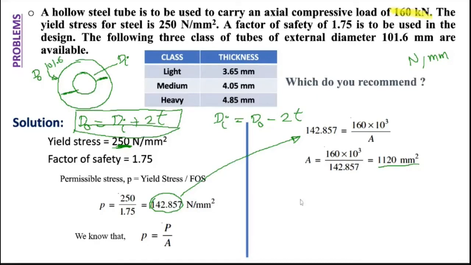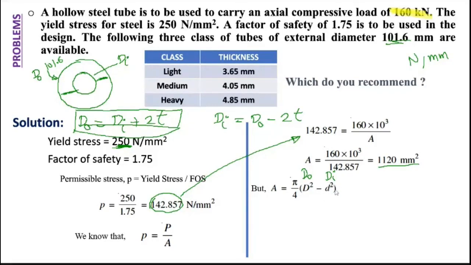Now I'll go for the formula. It's a tube, so my formula is pi by 4 times D square minus d square. D is the outer diameter, D naught. Small d is the inner diameter, DI. I know my outer diameter, which is 101.6. It is given, so I can apply that.